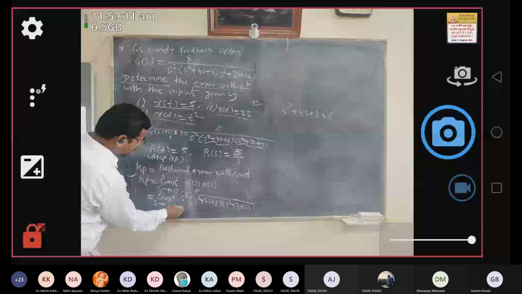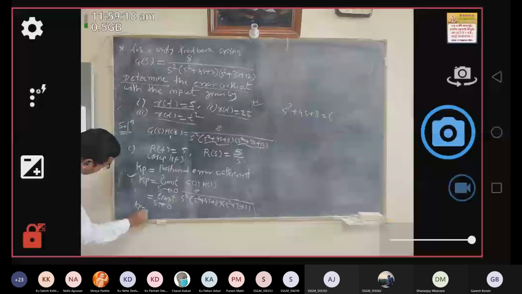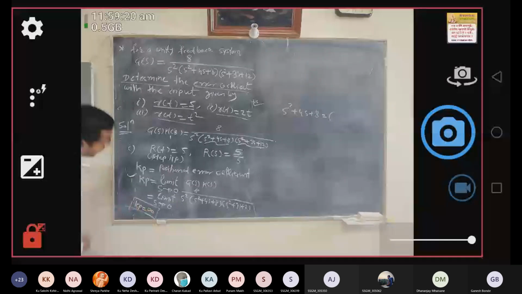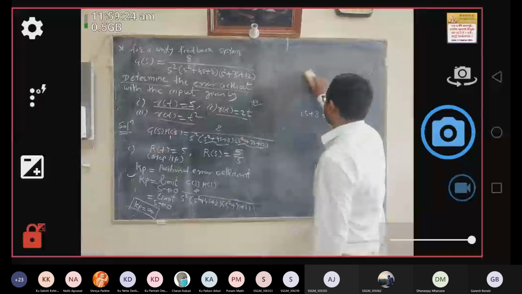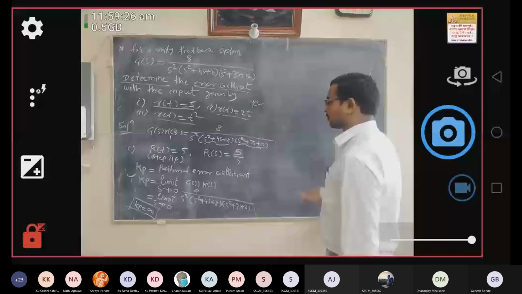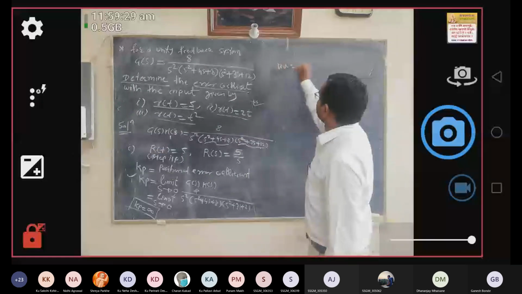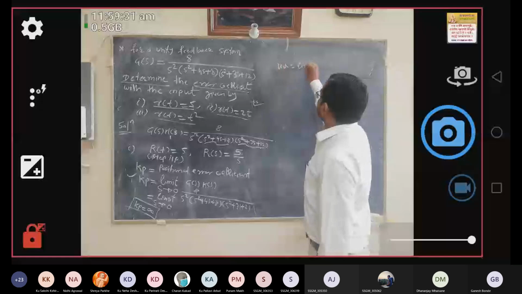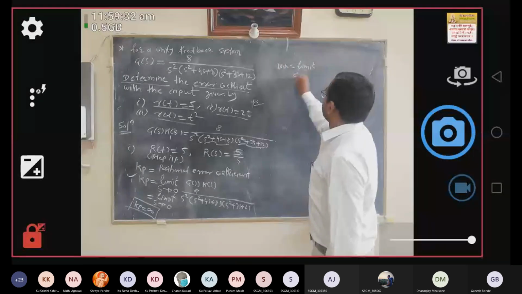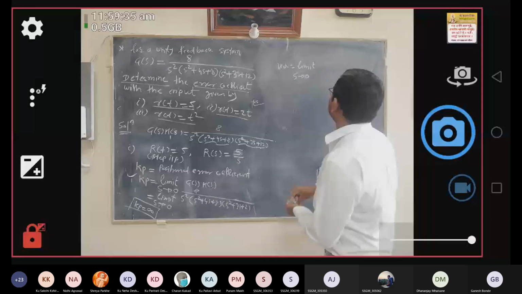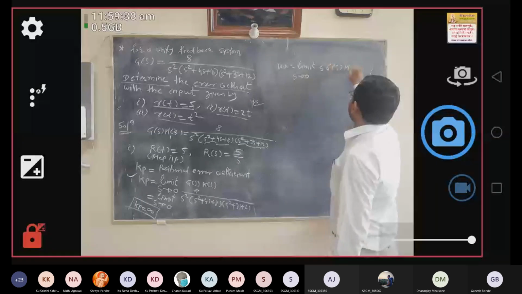So Kp is infinity. Similarly, you can find Kv: limit s tends to 0, s into G of s into H of s.